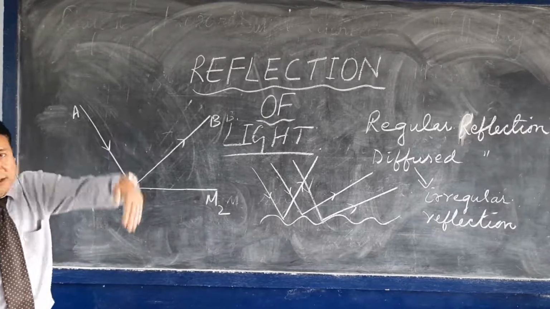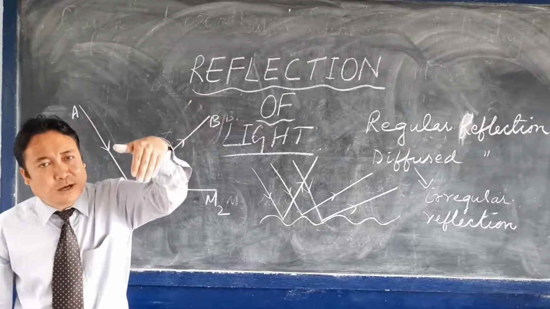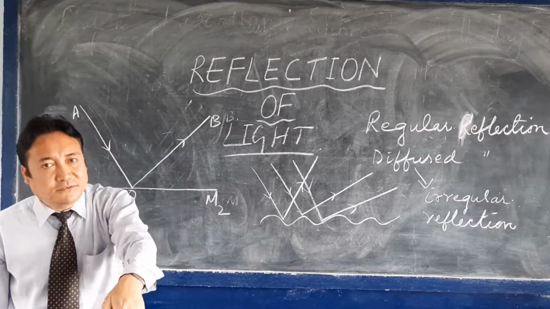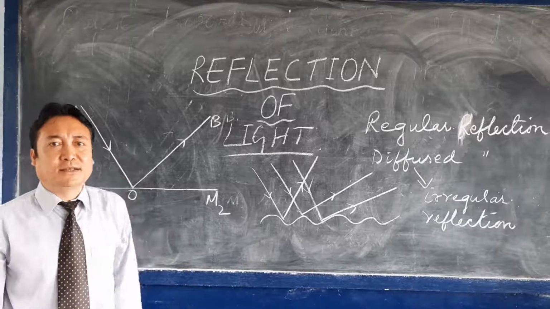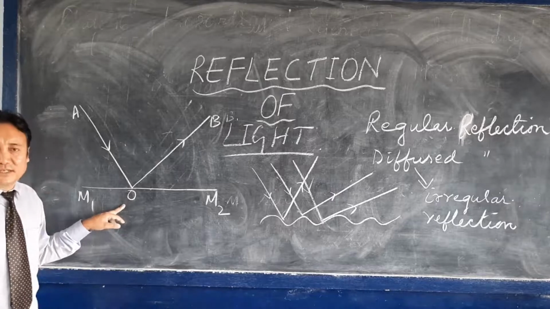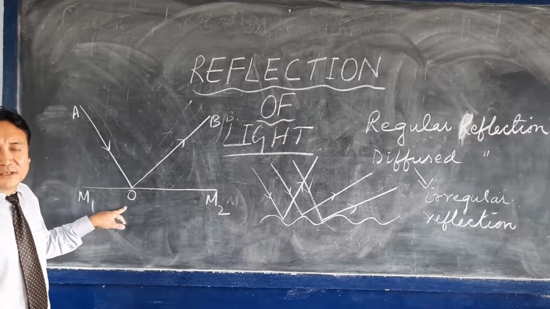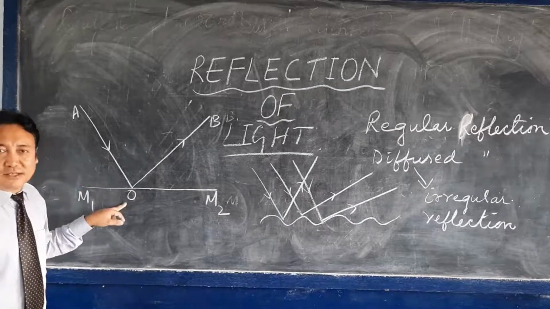When the incident ray falls from any source of light at one particular point on the reflecting surface, that point we call the point of incidence. So O is considered as the point of incidence.